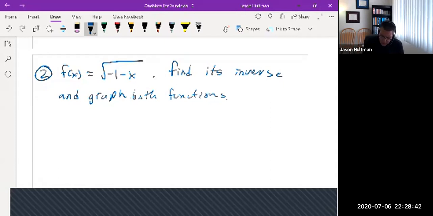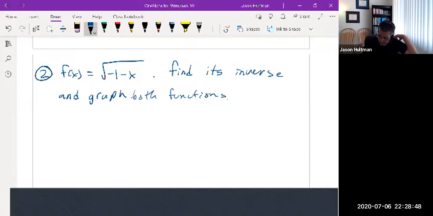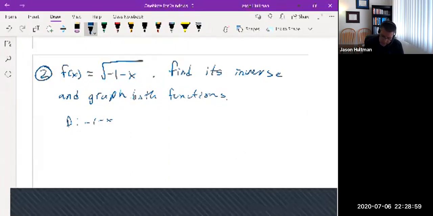First, I would like to know what the domain and range are on the first function here. There is a restriction on my domain: I cannot let the thing under the square root symbol be negative. So we're going to say -1 minus x has to be greater than or equal to 0.